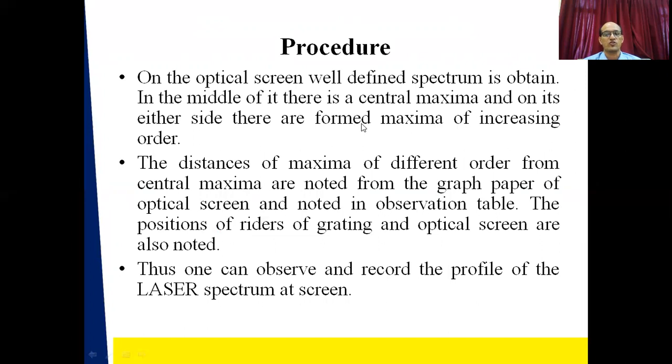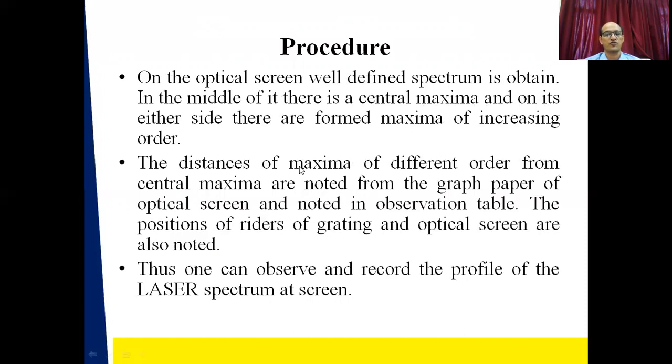Procedure. On the optical screen, a well-defined spectrum is obtained. In the middle of it, there is a central maxima, and on either side, there are maxima of increasing order.